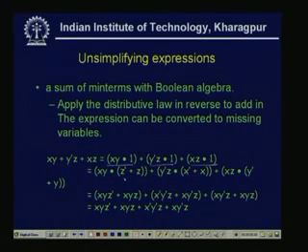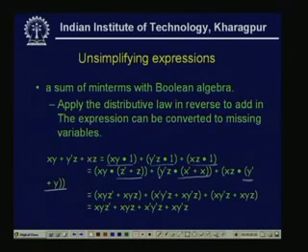So, 1 I can replace with z' plus z. Similarly, in the second term x is missing, so I can introduce x' plus x as a 1, and here the 1 is replaced by y' plus y, because the y literal was missing in the third term.